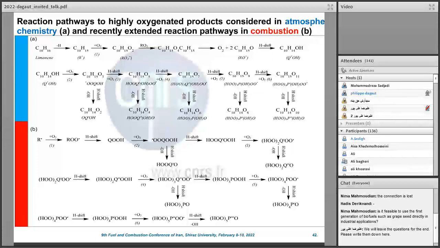So this is similar to what is observed with hydrocarbons.